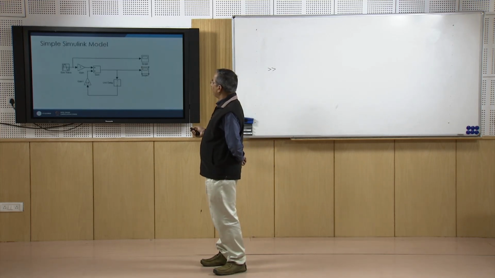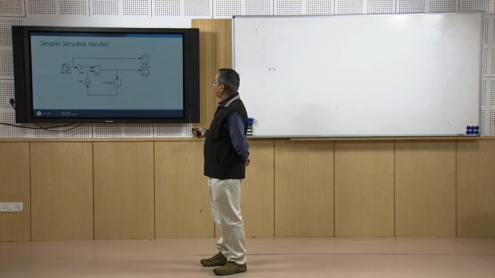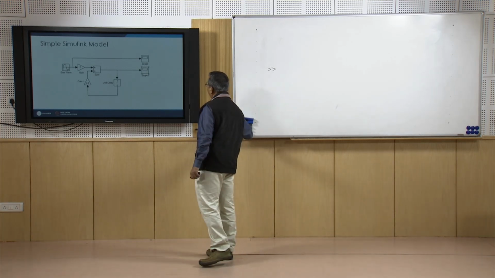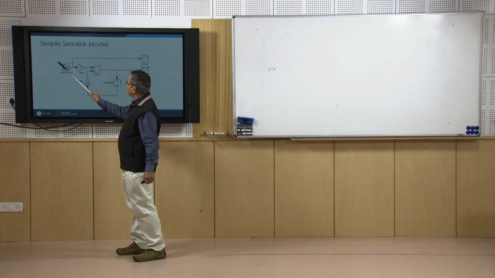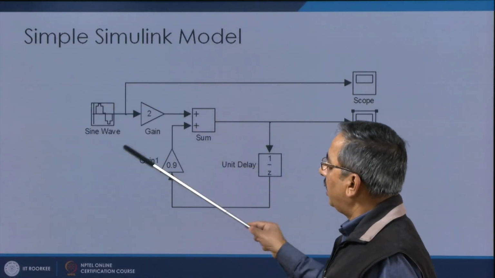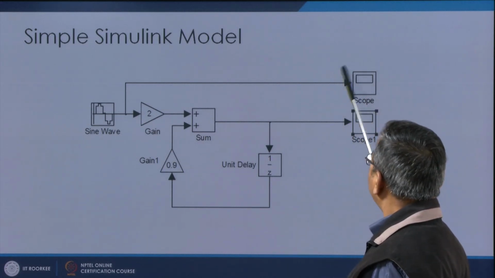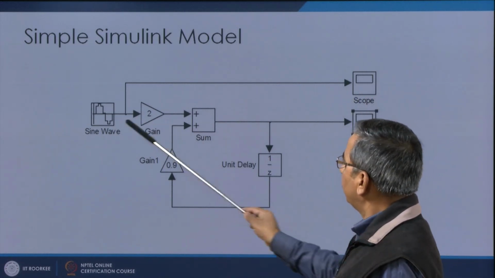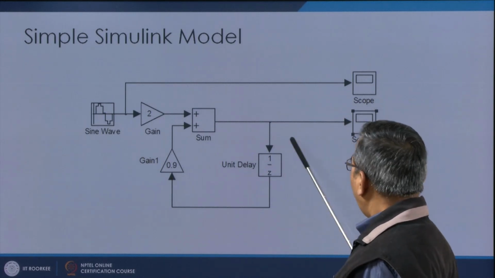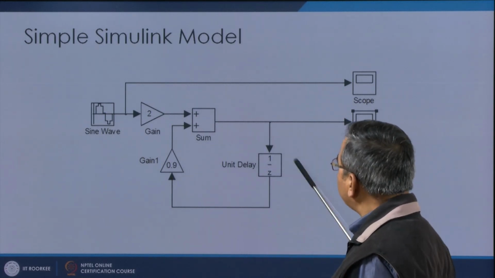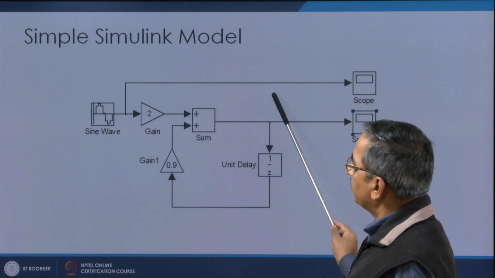Say a simple Simulink model may look something like this. Here this portion, the sine wave, is basically your input, and the scopes which you are seeing are basically the sink. So, you have the source and sink, and then various blocks have been used here in order to create the system model.